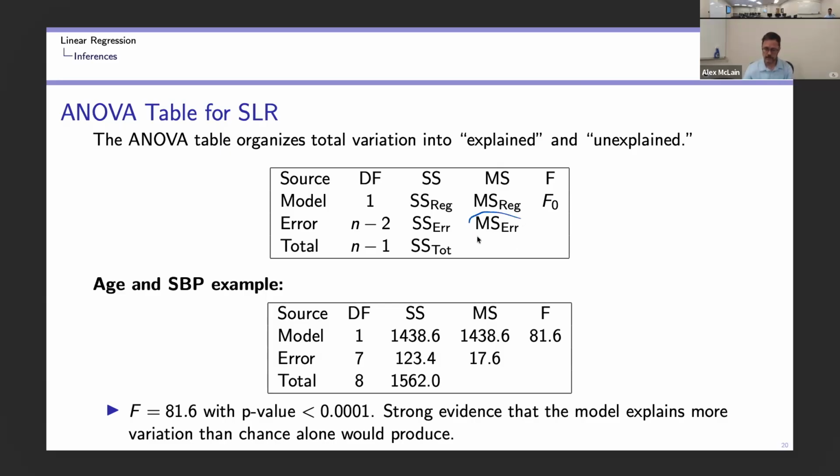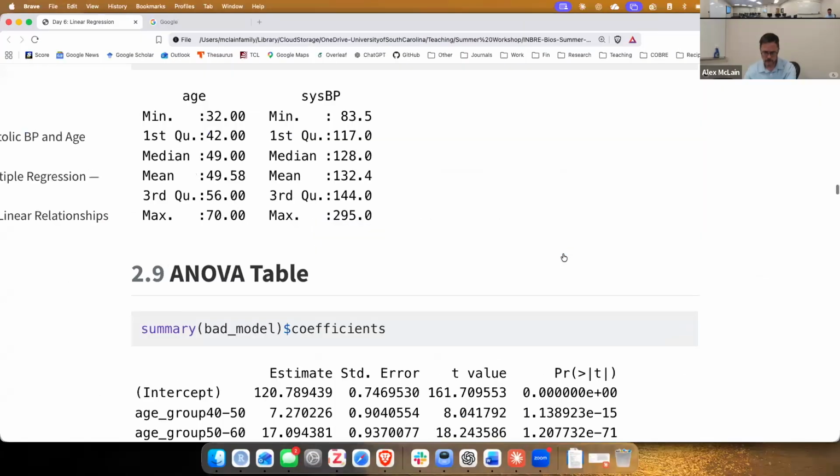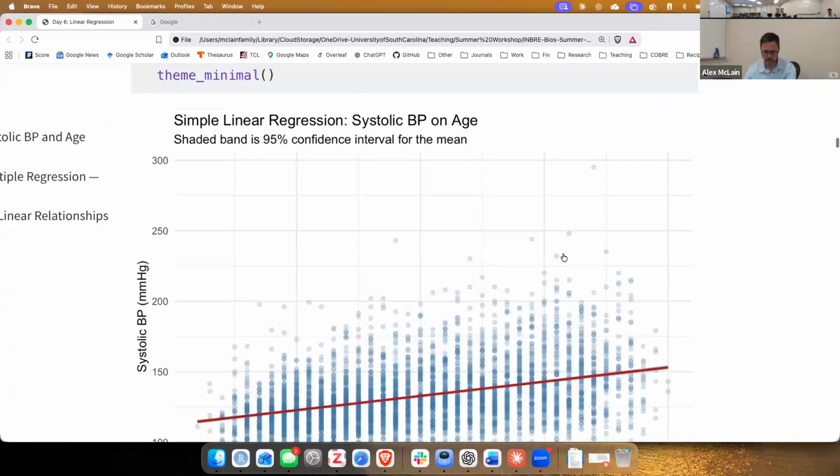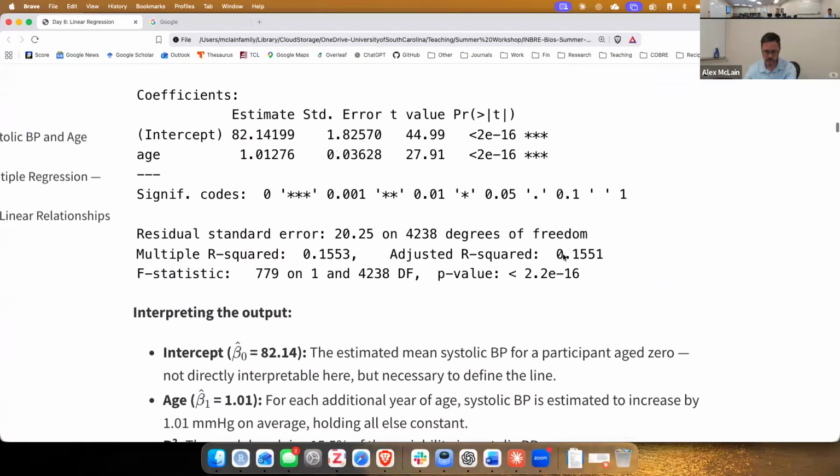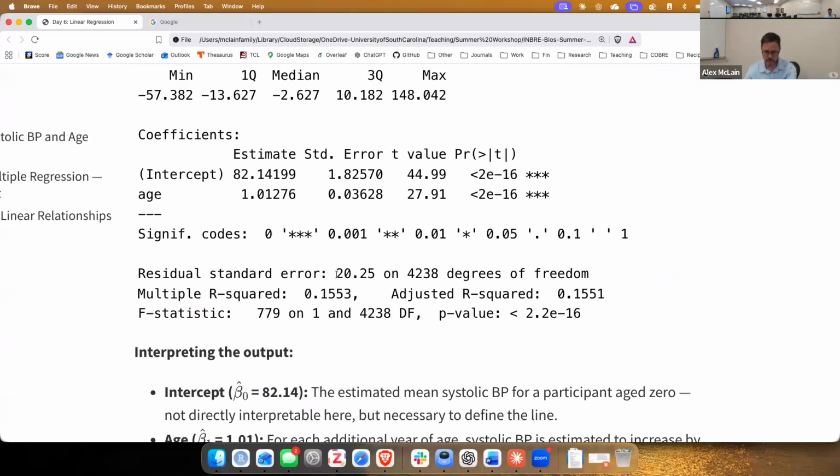The MS error is going to give us our estimate of the residual variability. So when we did our summary, sorry, I'm flipping around so much between things here. This is available to us right here. So this gives us the standard deviation of the residuals. We see it's about 20.